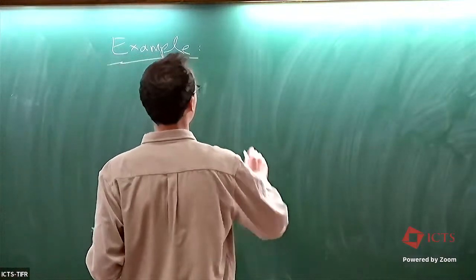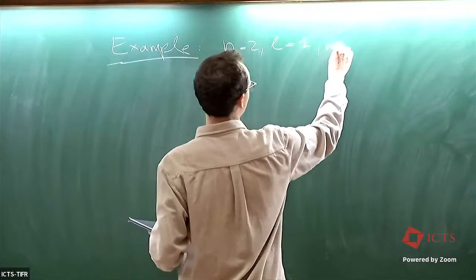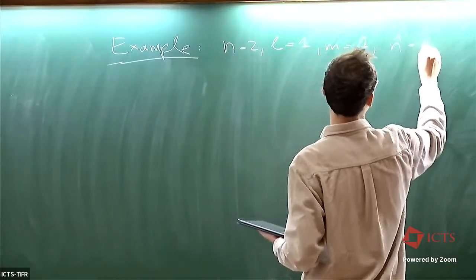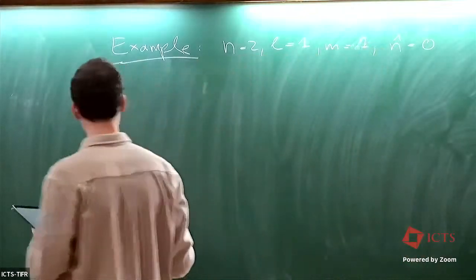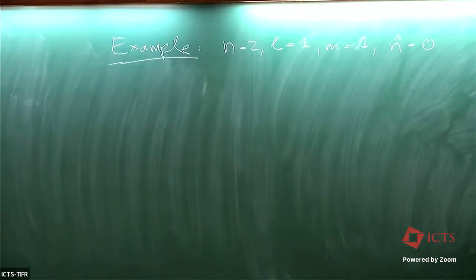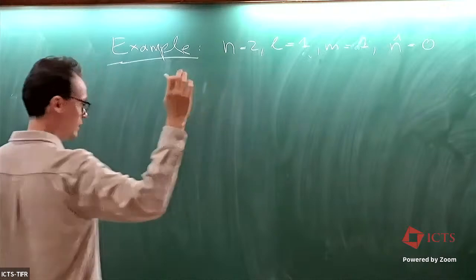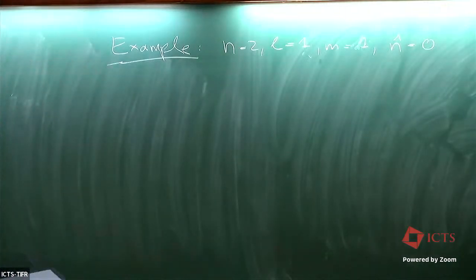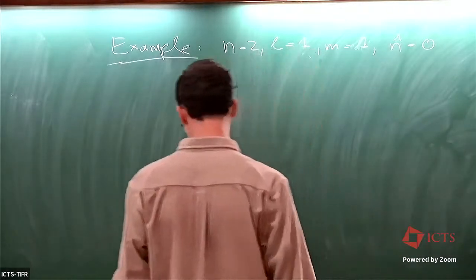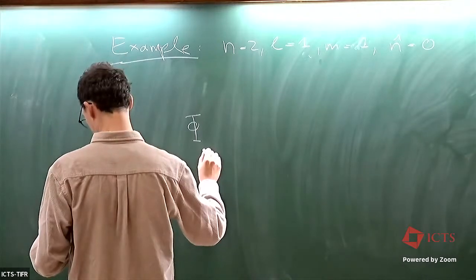The example is going to be n equals 2, L equals 1, m equals 1, and n hat equals 0. Basically taking the solution of the hydrogen atom, setting all these numbers to be those values, and then redefining the fine structure constant in the hydrogen atom by the things that are defined over there. You then find that the solution is the following.